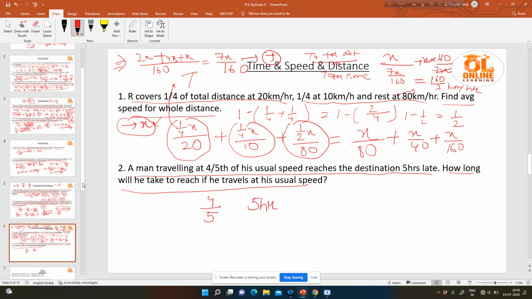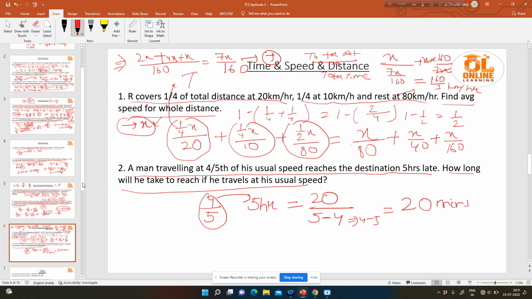So, for finding the usual time, multiply the time with the numerator, that would be 20, and here subtract both the numerator and denominator, that would be 5 minus 4. You can also do 4 minus 5, just neglect the negative sign. So the usual time taken by him would be 20 hours.